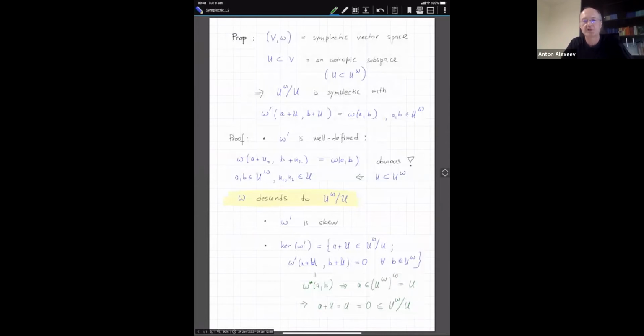Maybe one comment. As I said, this is a rather elementary fact. On the other hand, it's somewhat cumbersome how I presented the proof, and I think that's a general feature of linear algebra. I recall, sorry for bugging you with a personal story, when I started my career as a faculty at the math department, when colleagues asked me what I want to teach, I said linear algebra, because I love linear algebra and I'm not that fond of analysis.